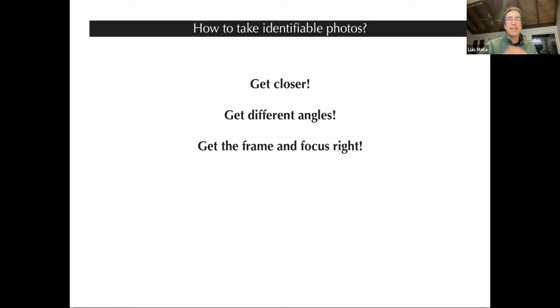These are three pieces of advice that I would strongly suggest you follow, to go a little bit beyond what you might perceive as, oh, this is very clear. It's very clear to me that this is what I wanted to photograph. But then experts, people who have the talent to identify records, might suggest, oh, you could have taken a photo from a different angle, for example, or it would have been better if you had stepped 3 steps back and taken a photo of that thing in the context of the landscape.